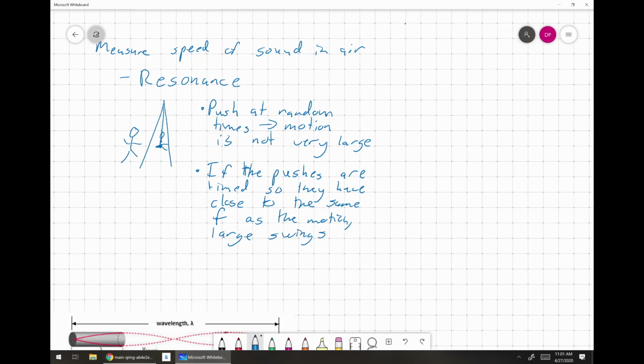Okay. And so this same phenomenon can occur with any type of oscillating motion. And when we consider sound waves, they are in fact oscillations.